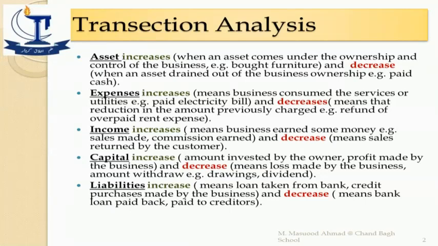If you bought goods on credit from your credit suppliers, your creditors, meaning liability, increase. Liabilities decrease when you pay your bank loan back to the bank, or you pay your creditors.